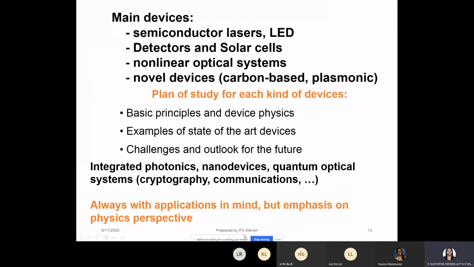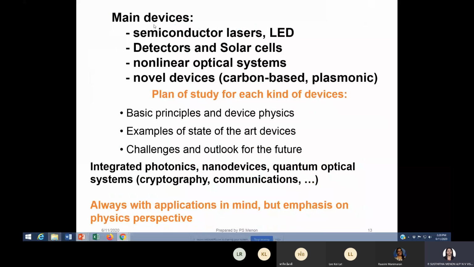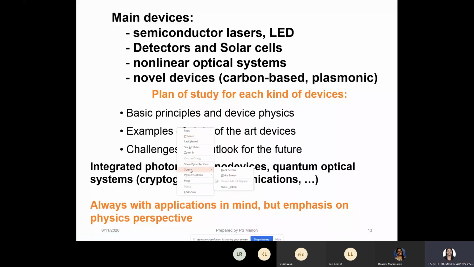Okay. So the main devices in optoelectronics are semiconductor lasers, LED, detectors and solar cells, non-linear optical systems, and novel devices like carbon-based and plasmonic. And basically the plan of study for each of these devices, we look at the basic principles, the examples, and also the challenges and outlook in the future.